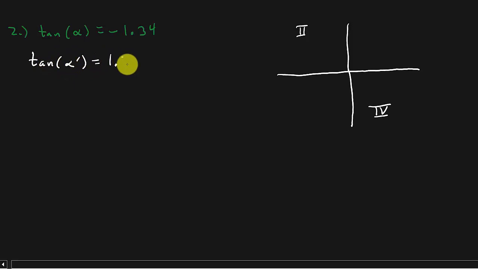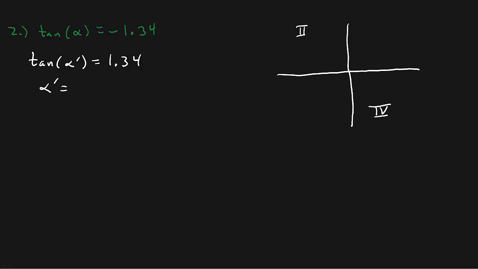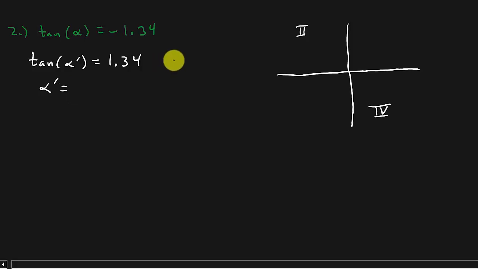So I need to find the reference angle. And remember, the tangent of the reference angle is equal to a positive 1.34. And so our reference angle is, and once again, let me write it for you. Remember, to get that is the inverse tangent of 1.34.